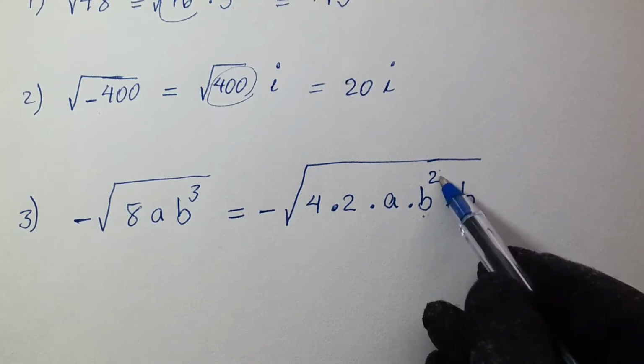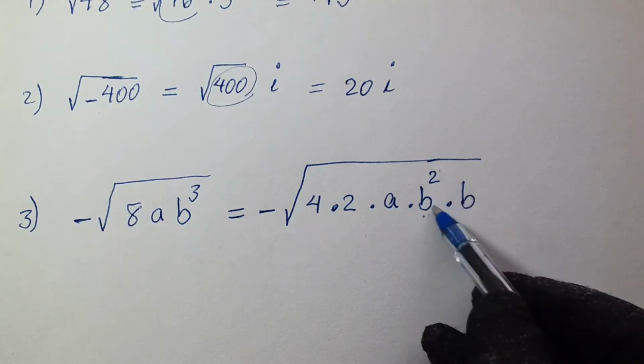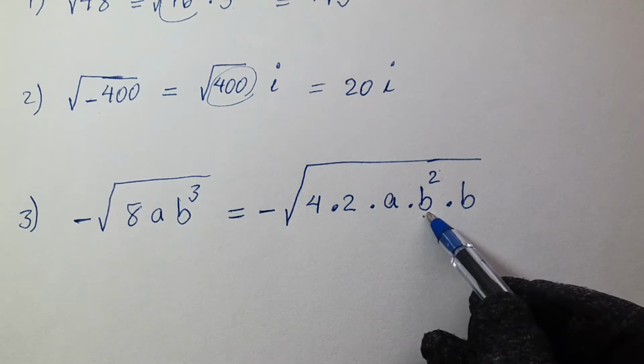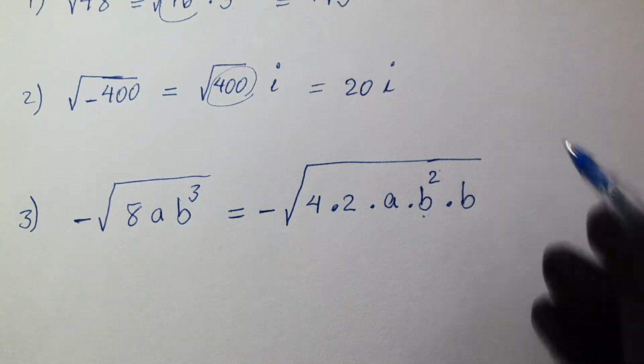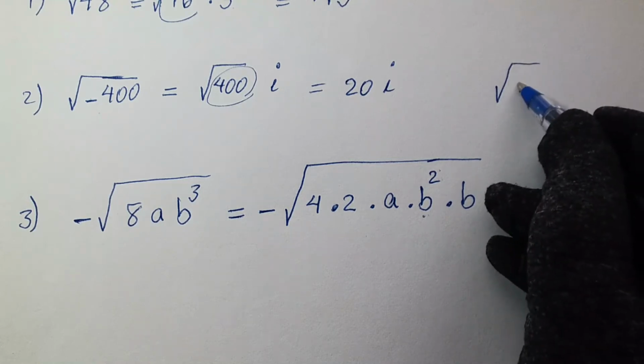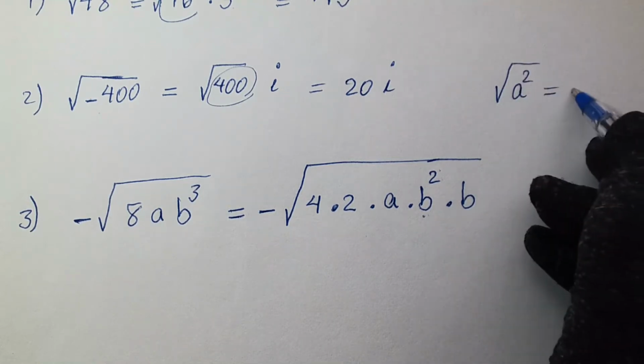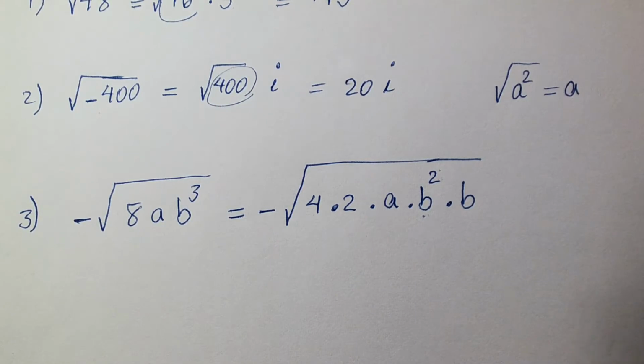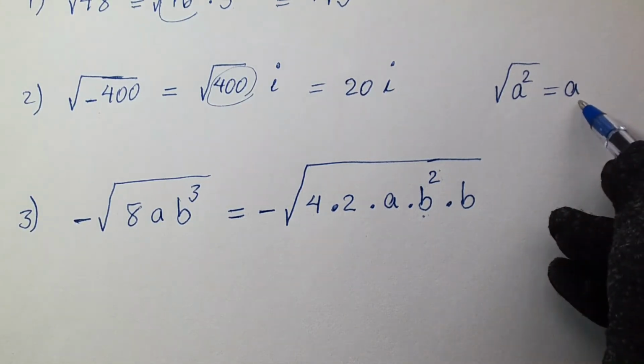b squared is a perfect square, so I can take the square root of that, take it out. Remember please that the square root of a squared is a. Of course, if a is a positive number, this one is going to be a real number.